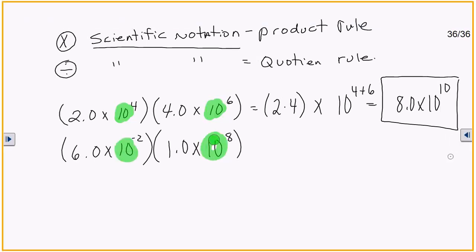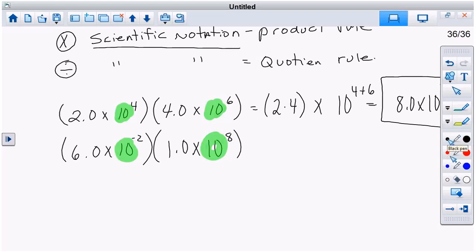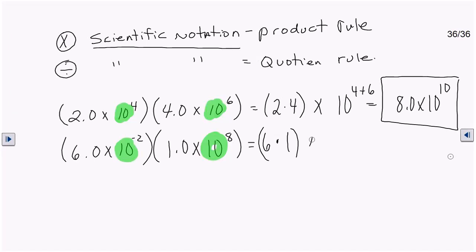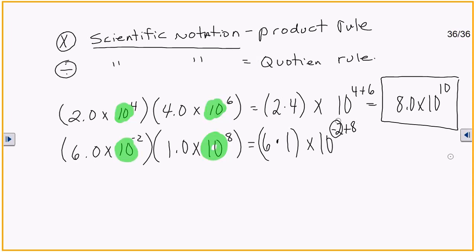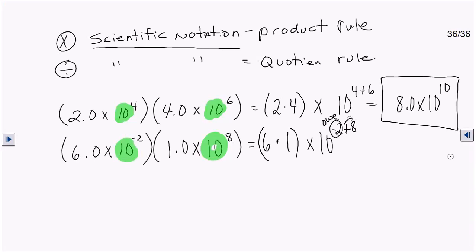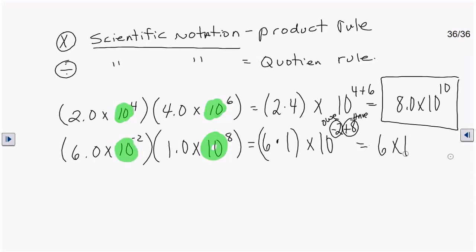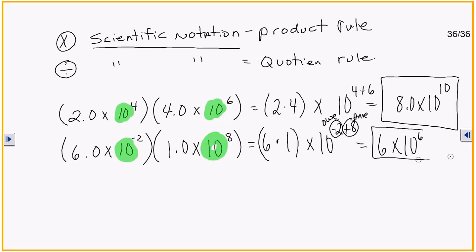So we can just add the exponents and we get 6 times 1 times 10 to the negative 2 plus 8. We owe $2. We have $8. So we have $6. Well, Hubert, what's the problem? Well, now we're going to do one that is a little bit different.